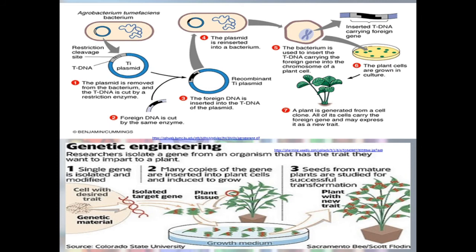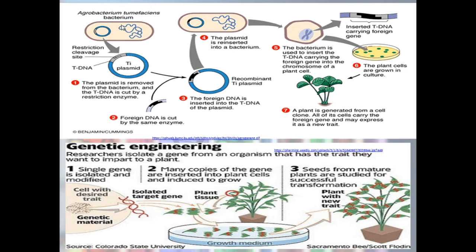These are two images which show transformation or recombinant DNA technology in plants. Here, a plant's genes are modified using the vector Agrobacterium tumefaciens. Here, the tumor-inducing plasmid is combined with the suitable DNA, and it is added back to the Agrobacterium, which infects the plant and inserts the specific DNA into the plant.